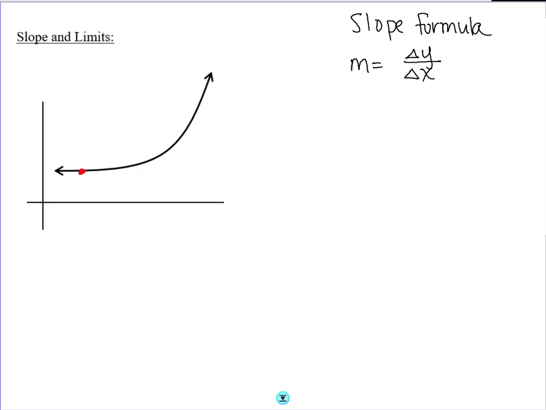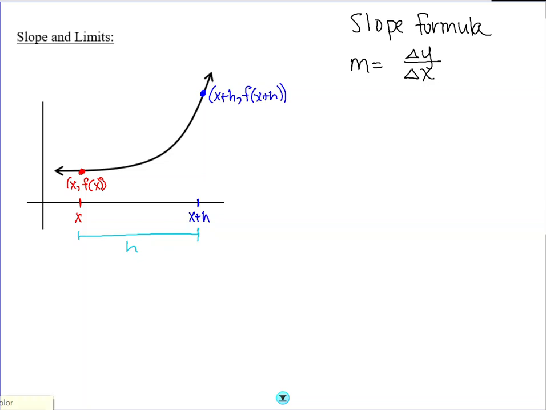This point I'm going to call x, f of x. And if I pick a second point that is h away from our first point, then that means that the x value of this point would be x plus h. So this point would be x plus h, f of x plus h.